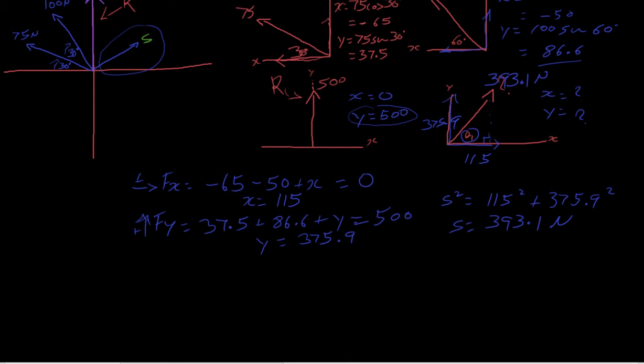So we're gonna apply tan theta is equal to the opposite over adjacent, opposite being 375.9, adjacent being 115, to the tan negative 1, and then theta is equal to 73 degrees.